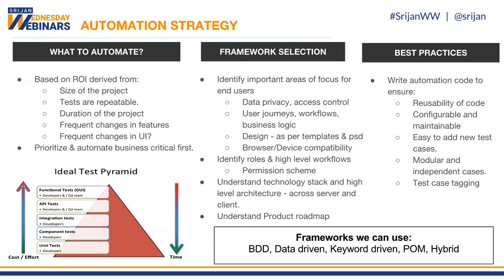And if we are aware that a few of the features are going to change in the future, or we are not sure whether those features or the UI are going to change or not, then there is no point in doing automation on that. Reason being, if I do the automation on that part and there are some changes, then I will be required to do some kind of maintenance work on that.